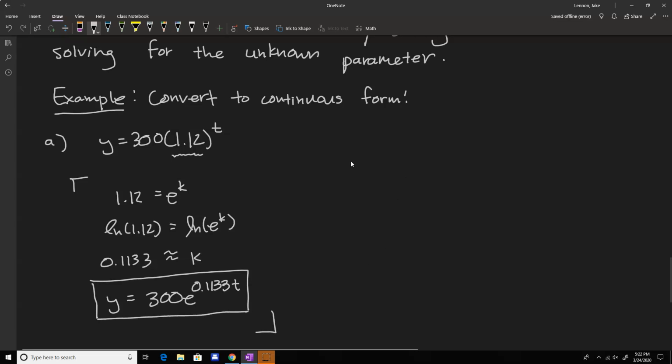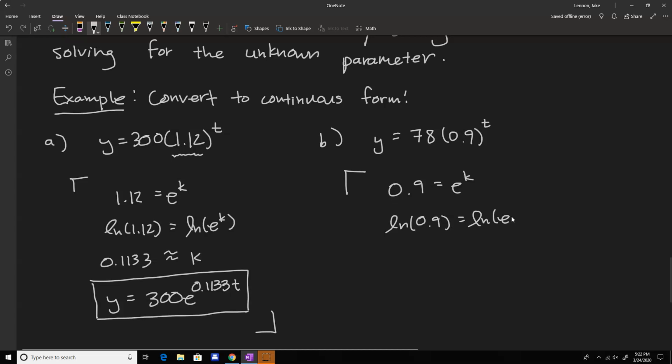Okay, so let's try another one. What would happen if we looked at y equals 78 times 0.9 to the t power? Again, it works exactly the same way. This time we would just set 0.9 equal to e to the k and take the natural log of both sides. The natural log of e to the k is just k.